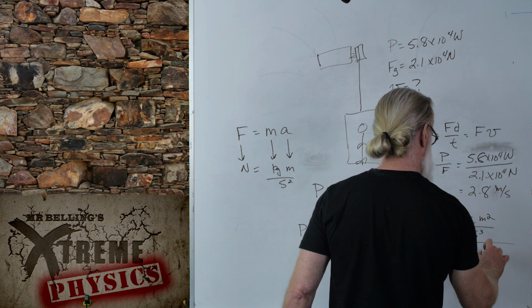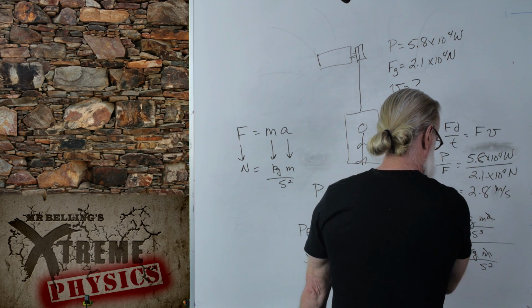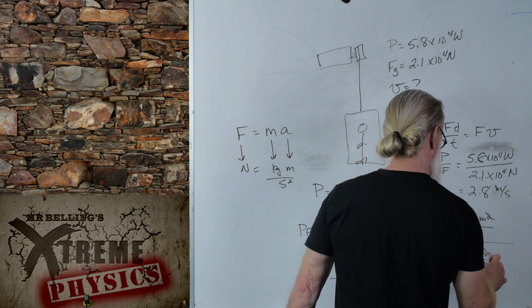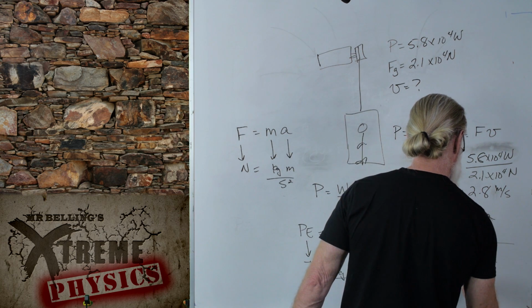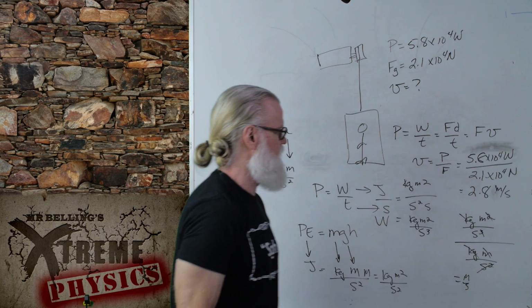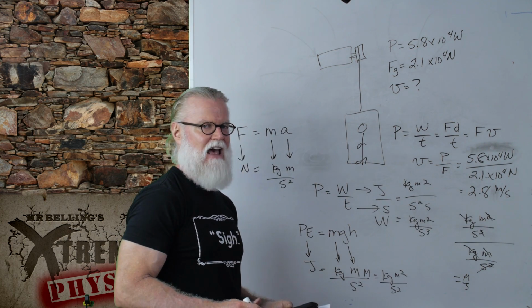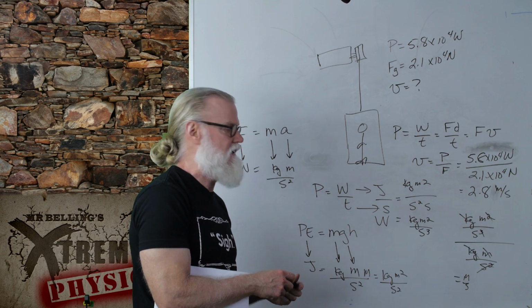Kilograms go away. One of the masses goes away. And it looks like we end up with 1 second, so that is a meter per second. Beautiful. So we ended up with meters per second. It worked out. That's fantastic. I love it when the physics works out.